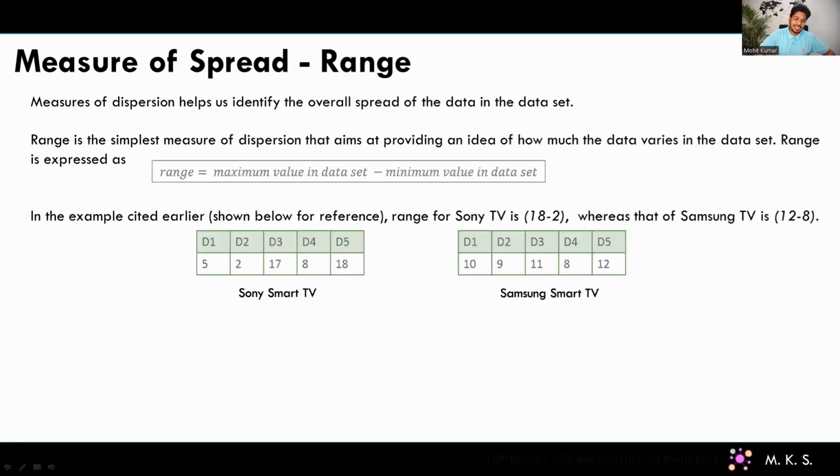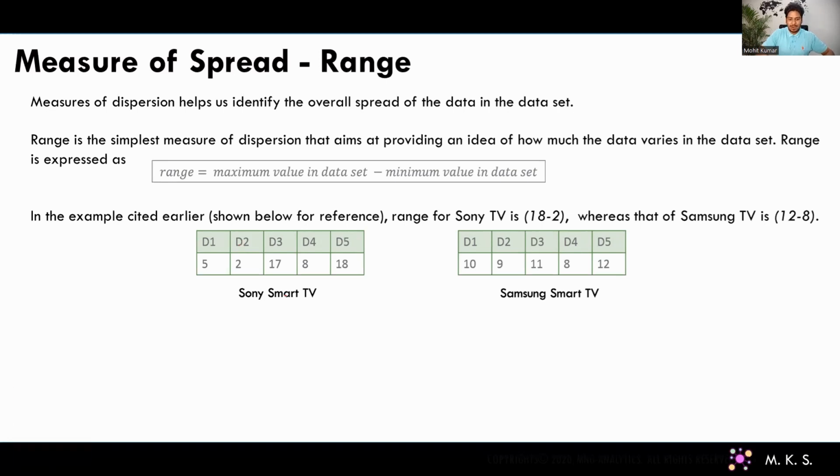Let's look at the first measure of spread, that is range. So range, it is the simplest measure of dispersion in which we try to find out how much the data is varying, right? So the calculation of range is very simple, guys. Maximum value of your data set minus minimum value in your data set, right? So now if we calculate the range for these two data sets we discussed in the last slide.